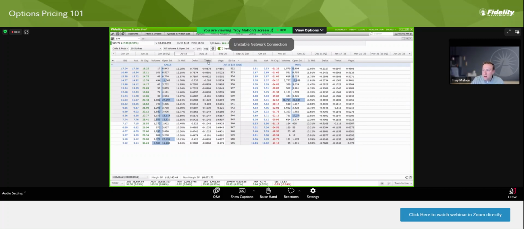But if we look at Theta, my 550 strike call has just shy of 10 cents, about 9.93 cents per share. So if I sell this contract, I would expect to profit about $10 each day. If I sell this 542, assuming there's no price movement, this Theta is a little bit higher. There's a little bit of a skew there. So I would profit about $11 per day if there's no stock movement.